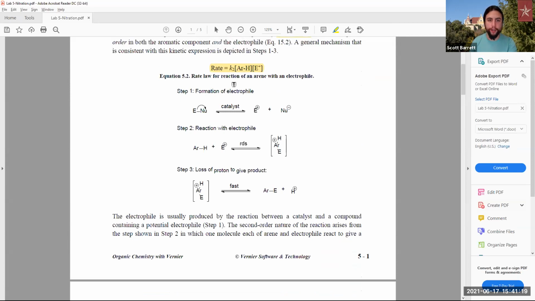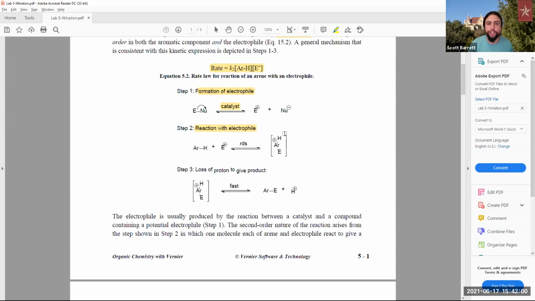The formation of an electrophile here is by the utilization of a catalyst. Whenever we utilize this catalyst in a homogeneous situation, then in equilibrium the electrons can actually donate over and separate the electrophile. Then the reaction with the electrophile happens, where our arene is involved in the rate determining step of the electrophile attaching to the arene, and it has a partial positive charge.